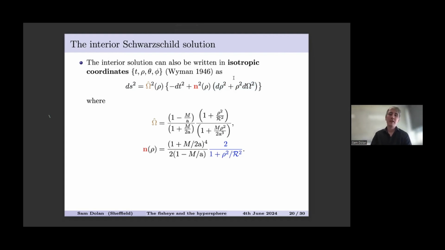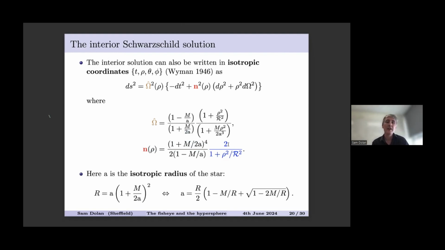Okay, so going to this paper and reading off what he derived, there are explicit expressions for the conformal factor and for the effective refractive index. And note that the refractive index here is some constant term multiplied by the refractive index of the Maxwell fisheye lens we saw earlier on. In a moment, I will define this curly r.